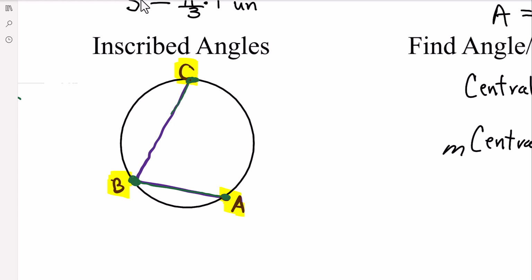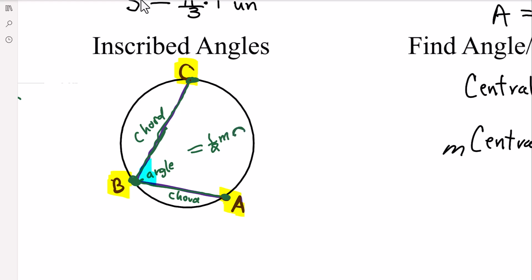Those are called chords. So this is a chord, and this is a chord. And this angle right here is equal to 1/2 of the measure of the arc.